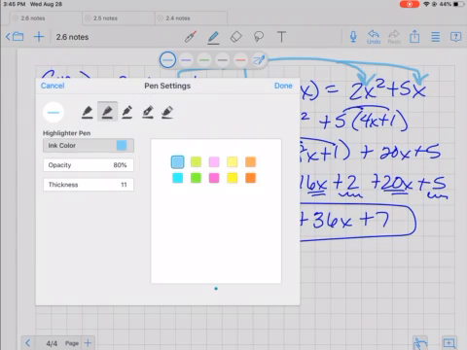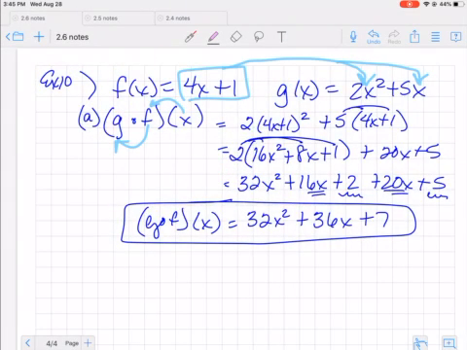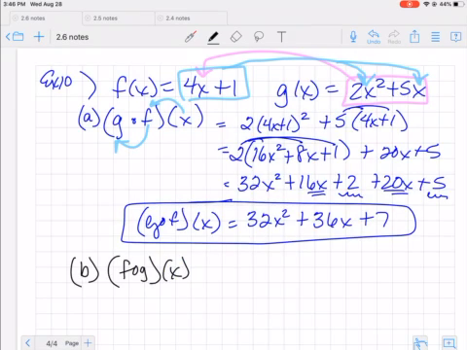What if we go the other direction with it? I'm going to take f of g of x. Take my g of x function, sub that into my f of x function.